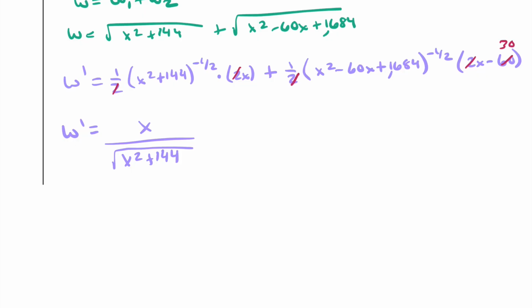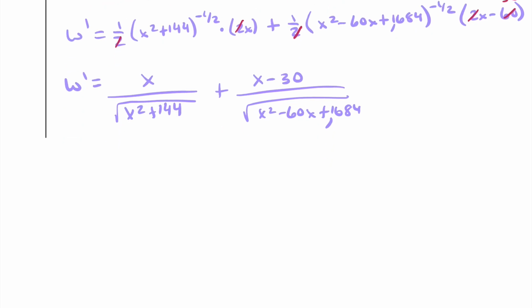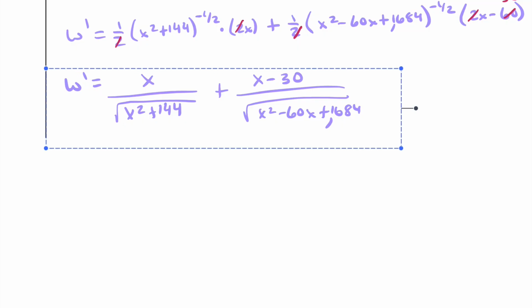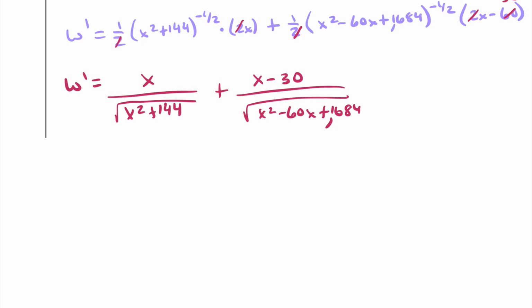So I get x minus 30, all over the square root of x squared minus 60x plus 1684. Woo-wee, that's crazy. I'll change the color because I'm switching ideas. Okay, now I'm going to set that equal to 0.